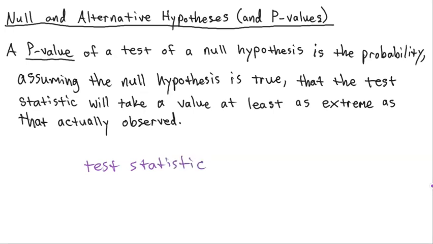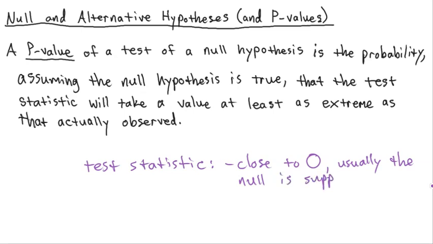If the test statistic is close to 0, then usually the null hypothesis is supported. The null is supported. So the closer the test statistic is to 0, the more the null is usually supported.